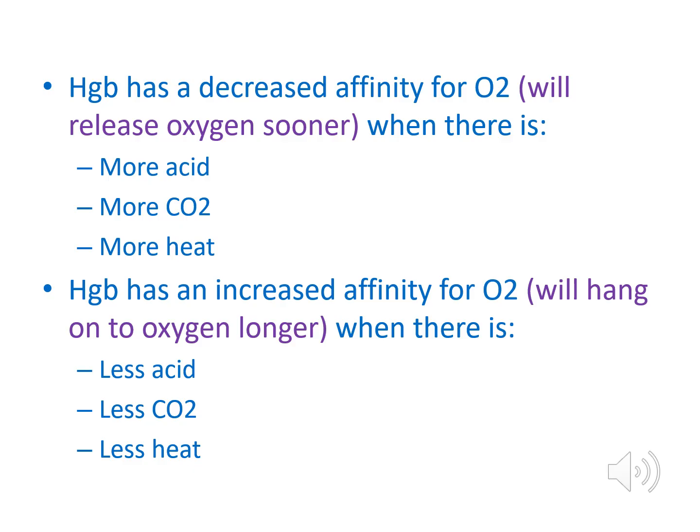Hemoglobin will hang on to oxygen longer when there's less acid present, less carbon dioxide, and less heat. Because when there's less of those three things around, hemoglobin knows that there's not that much metabolism going on. So the body really doesn't need all that much extra oxygen, so the hemoglobin decides to hang on to the oxygen longer to save it for a time when maybe the body would need it more.